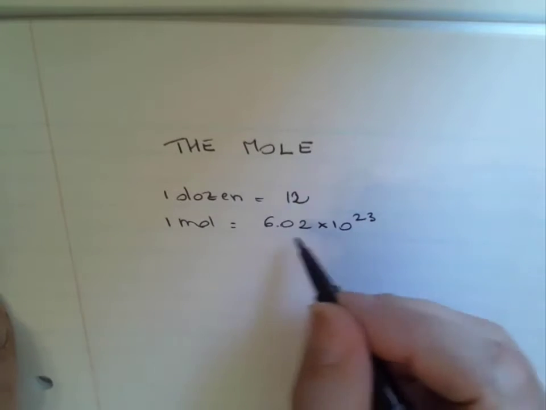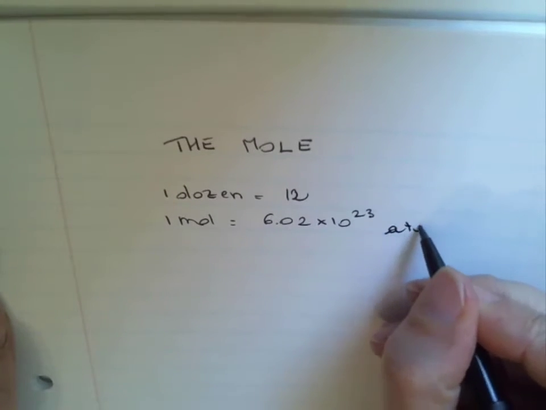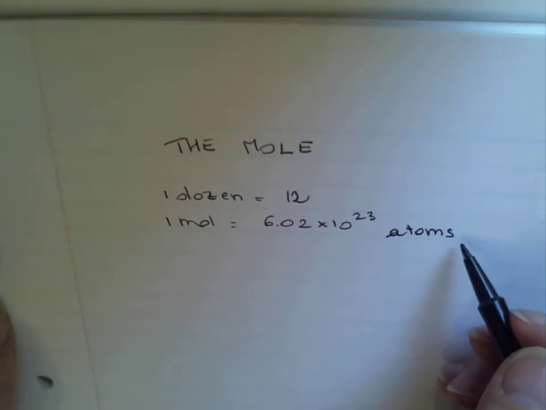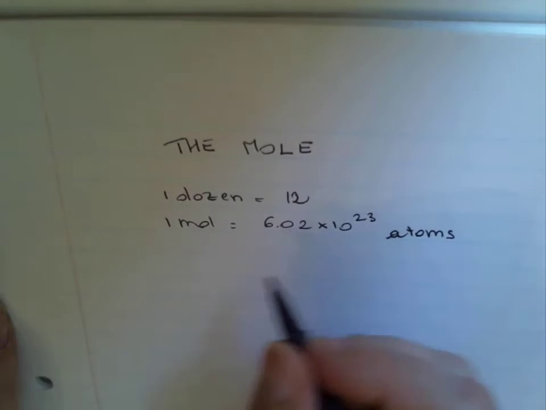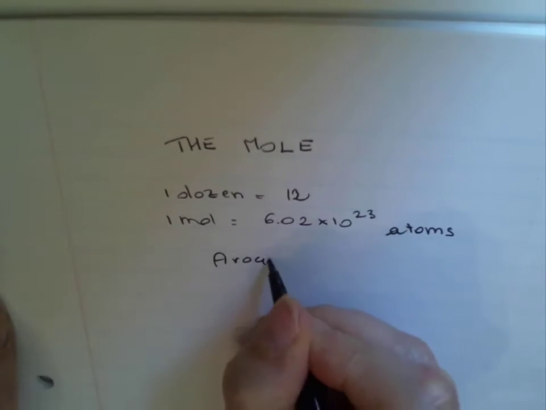So 1 mole, for example, equals 6.022 times 10 to the 23 atoms, or 6.022 times 10 to the 23 molecules. The number 6.022 times 10 to the 23 is known as Avogadro's number.